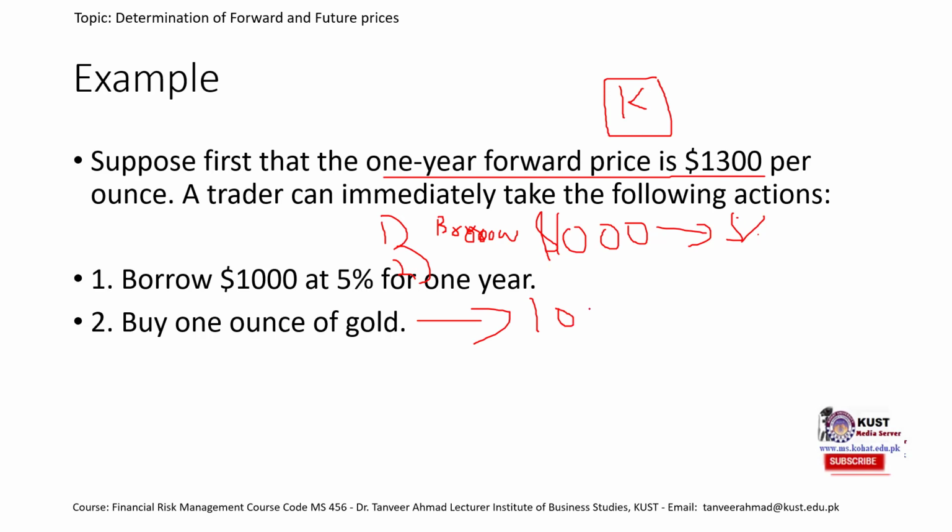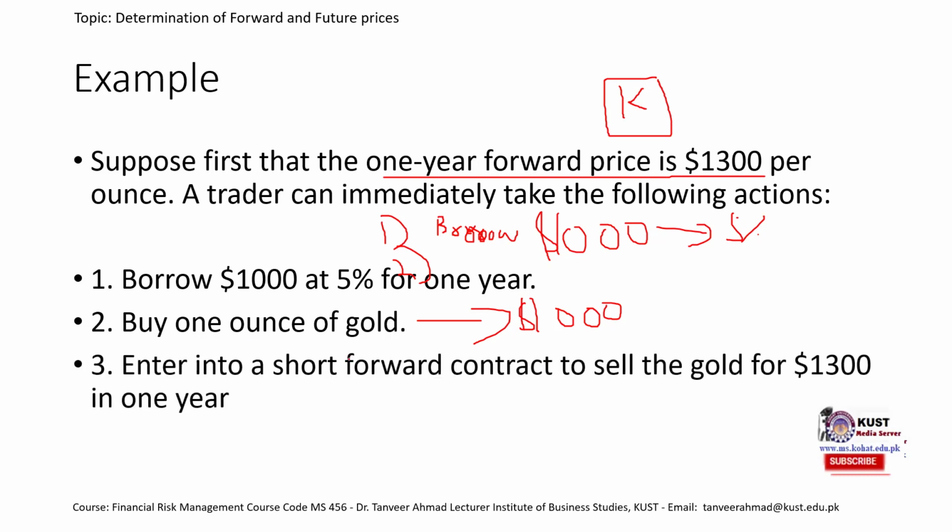At $1,000, because in the spot market it is $1,000. Then the investor would enter into a short forward contract to sell that 1 ounce of gold for 1,300. Remember, the forward price we have imagined in this case is 1,300.